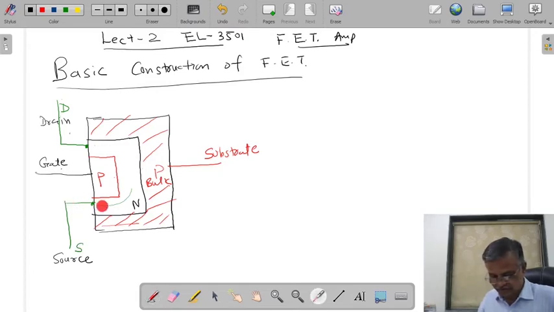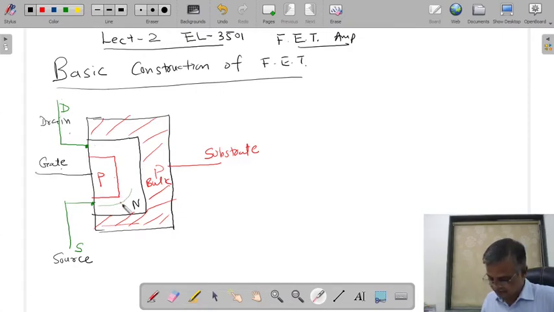Source is a terminal through which charge carriers enter into the channel. This is called channel. Channel is the place through which charge carriers are passing. So here charge carriers enter, so it is called source. Charge carriers coming out, it is called drain, and this is your channel.